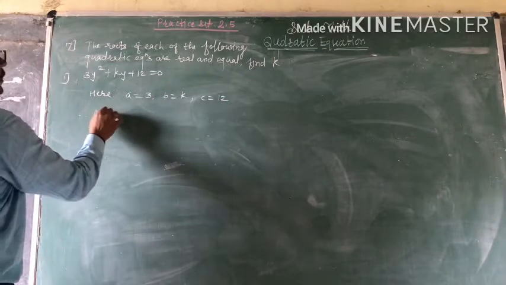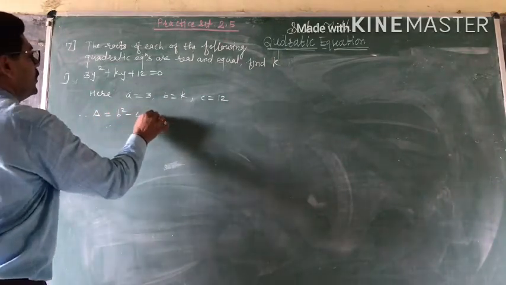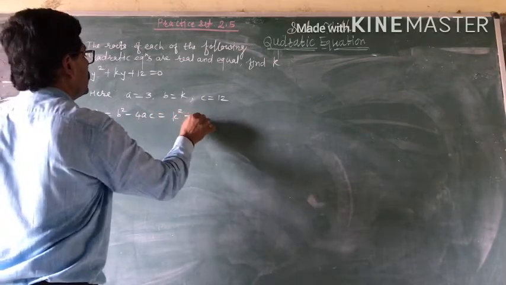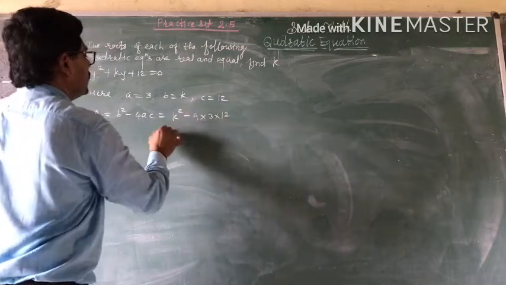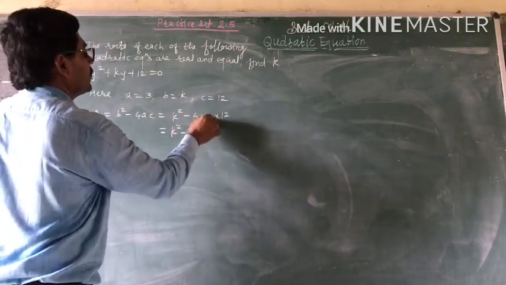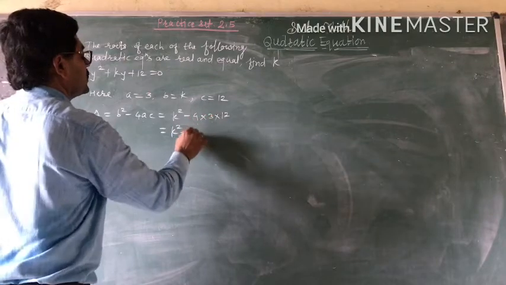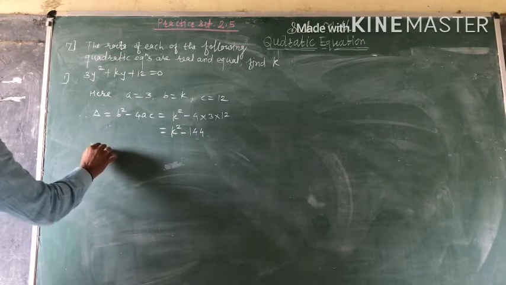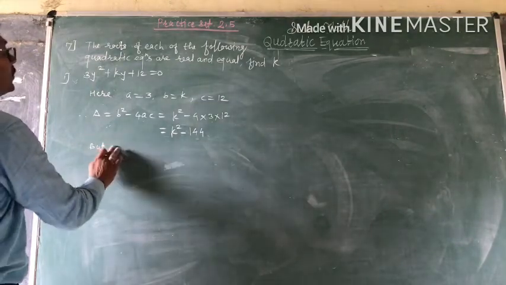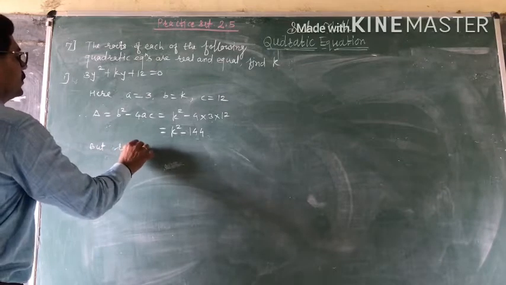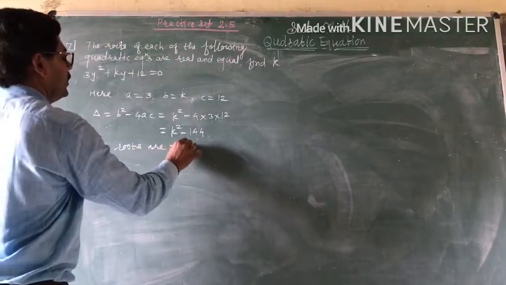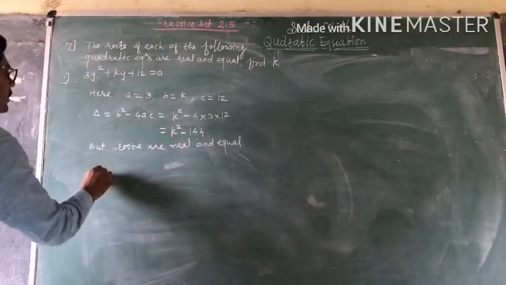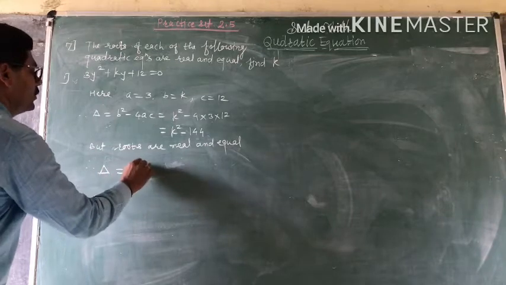Therefore delta, that is b square minus 4ac, is equal to b square is k square minus 4 into 3 into 12, is equal to k square minus 144. But the roots are real and equal. Therefore, this delta value is equal to 0.